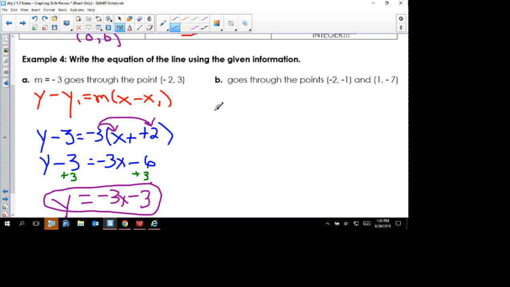Find the slope. Let's see if I can do that. See if I give my pen a rest if it'll behave now. So we're going to find our slope first, and we're going to do y2 minus y1 over x2 minus x1. Oops, I made a mistake, didn't I? That should be 1.